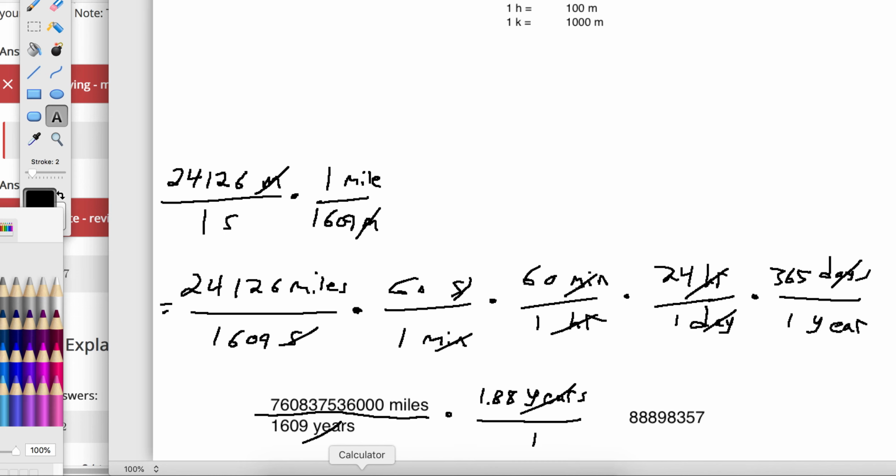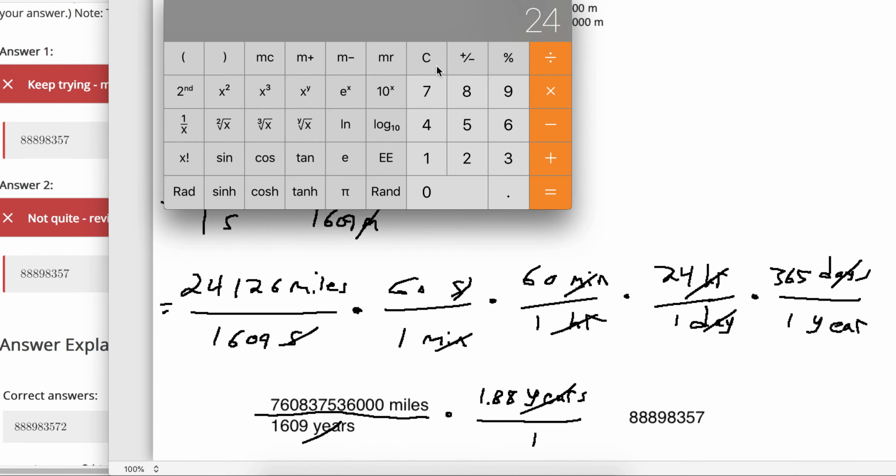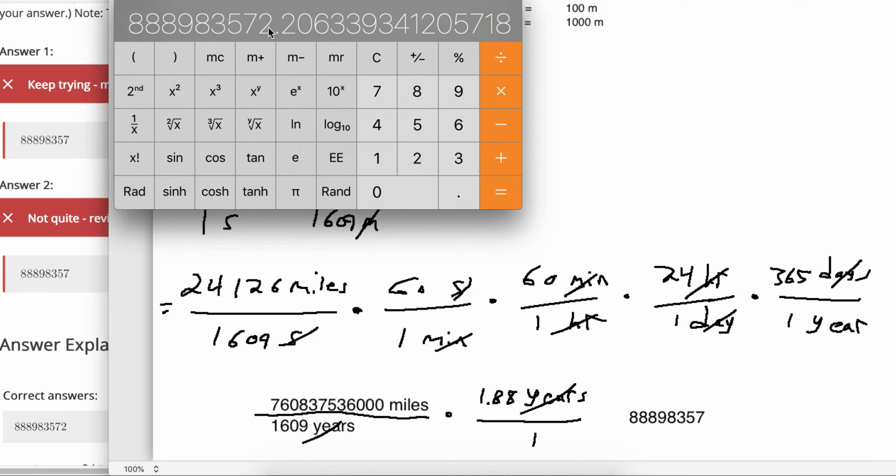Let's just double check that one last time. 24126 times 60 times 60 times 24 times 365 divided by 1609. Yeah, because that's a different number than what we got before, so I must have dropped a decimal. If we multiply by 1.88, yeah, so there was a 0 written in there incorrectly.